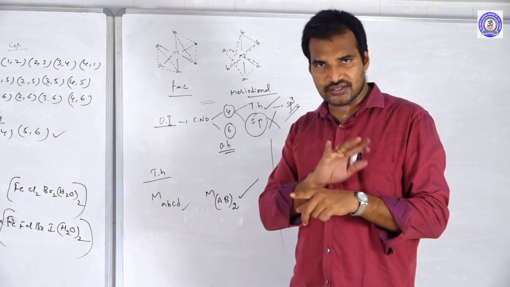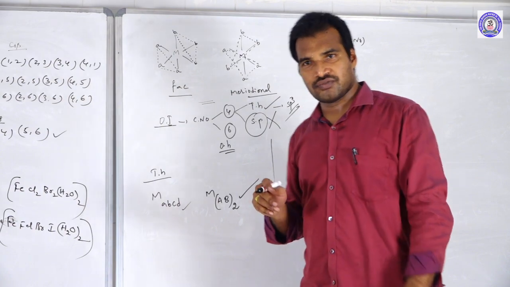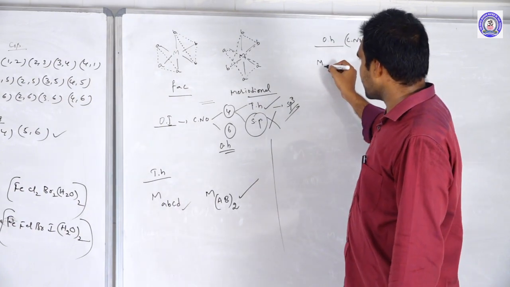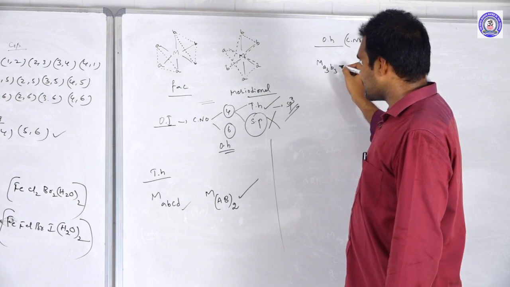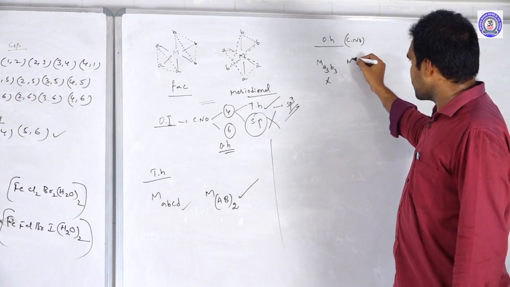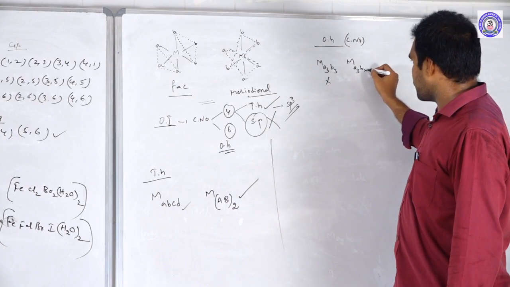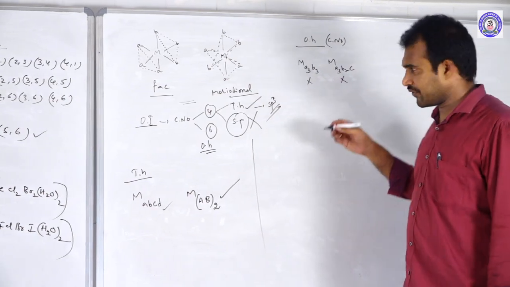So the MA4 series will never show. What about MA3? They can show; they start showing from the A3 series. Can MA3B3 show? No. Next, MA3B2C? No. Why? Because only three different groups are present.